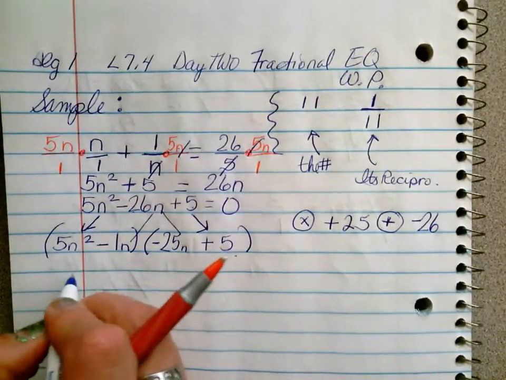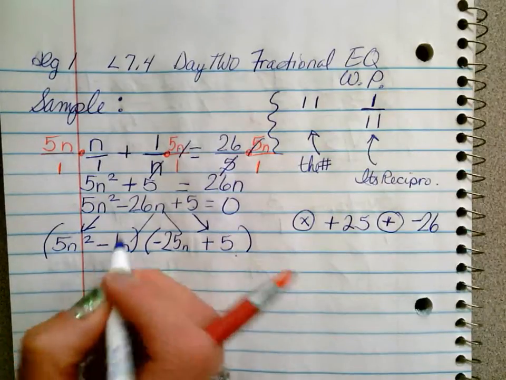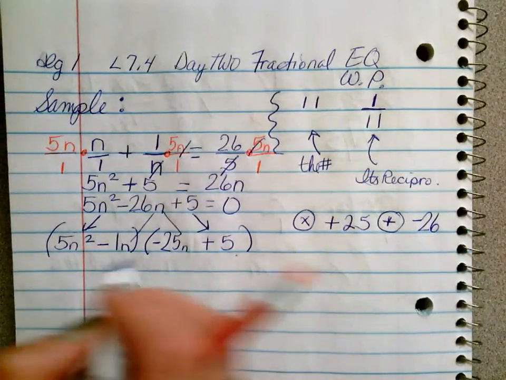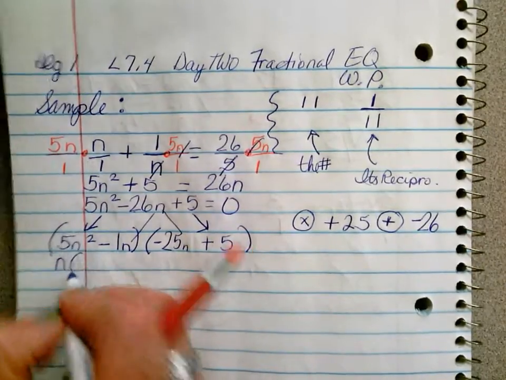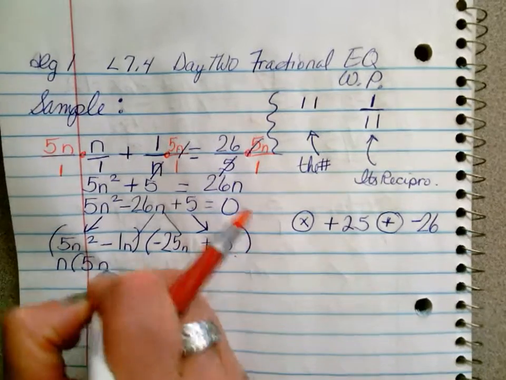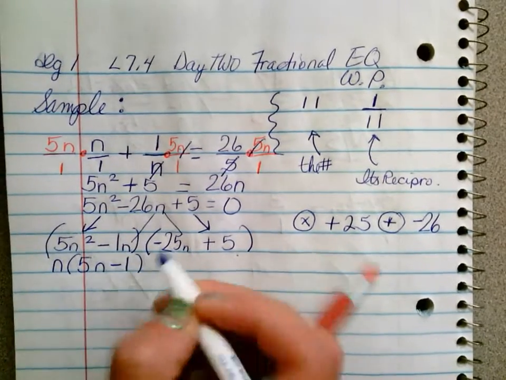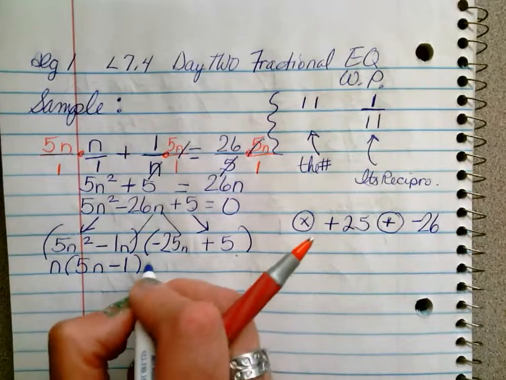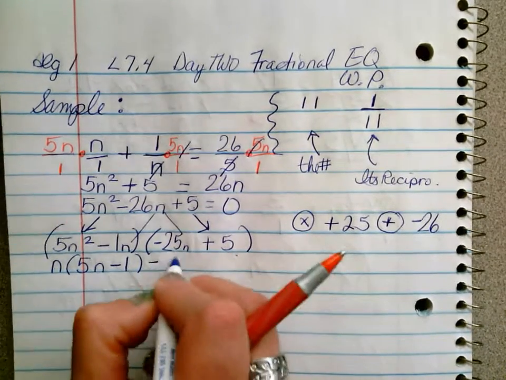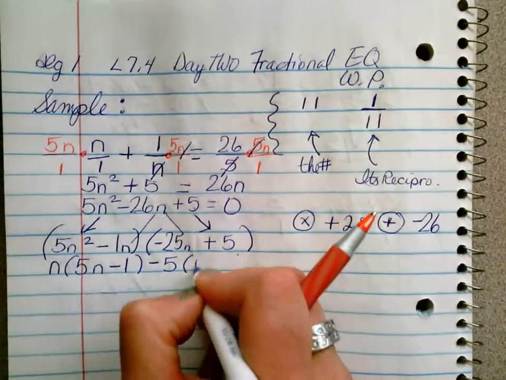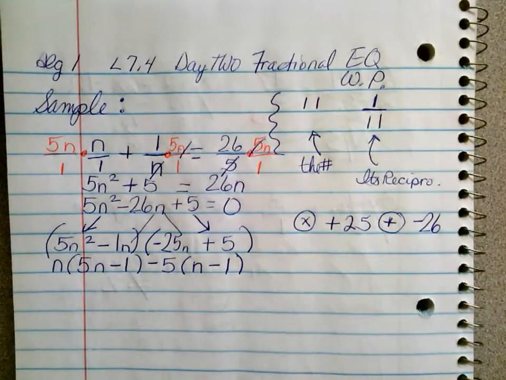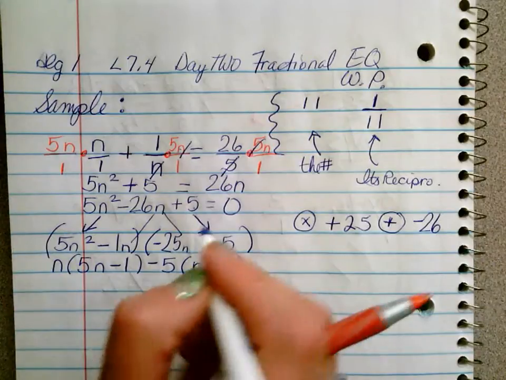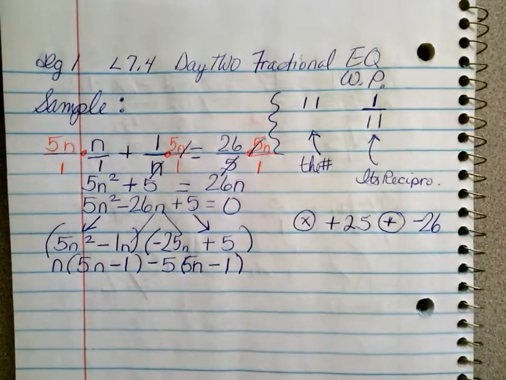We'll pull out n, 5n minus 1. And how about minus 5 and n minus 1? Combining the two items that share that factor, it'll look like this.